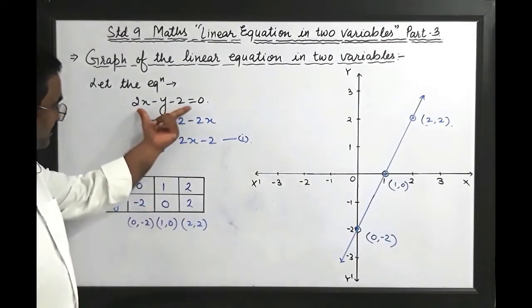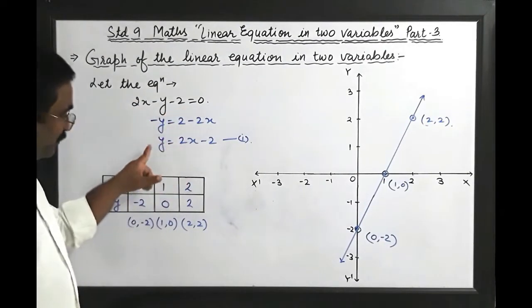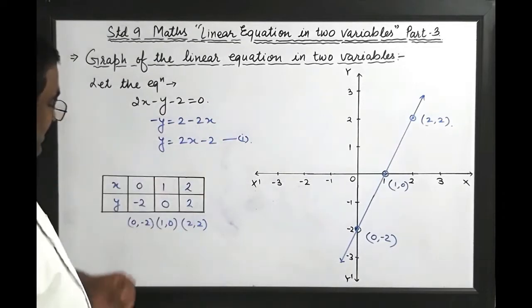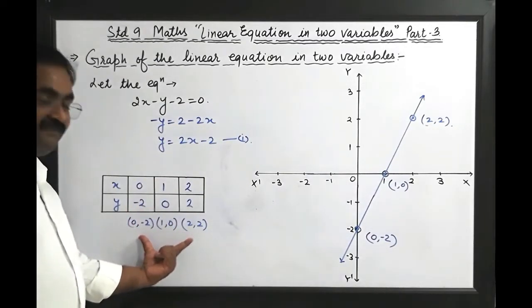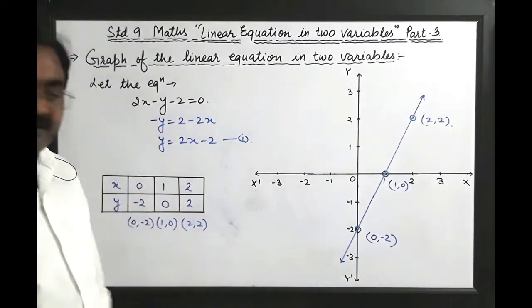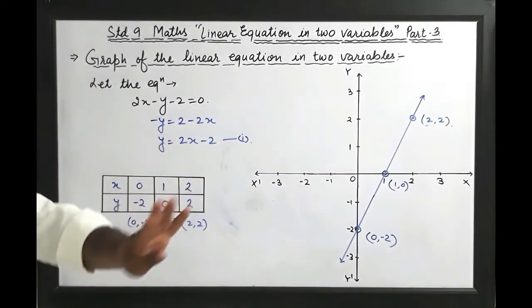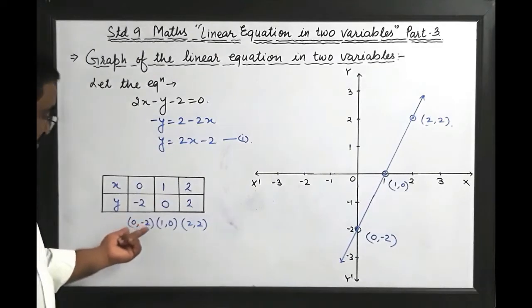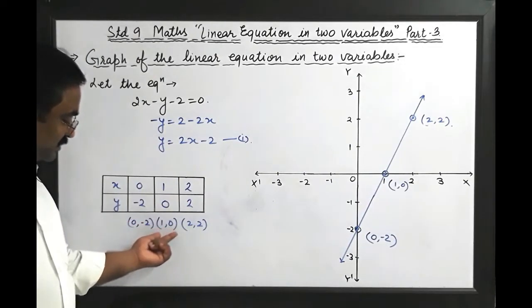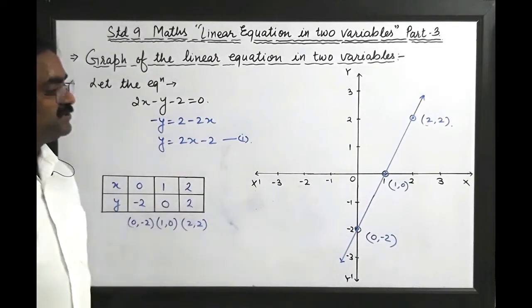After solving this equation for the value of y in terms of x, we have got 3 ordered pairs, meaning 3 solutions of this equation: (0, -2), (1, 0) and (2, 2).